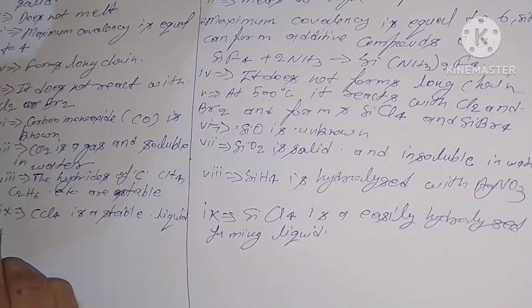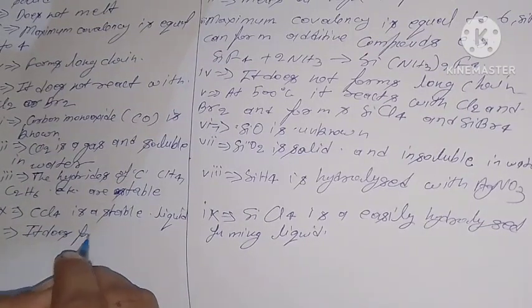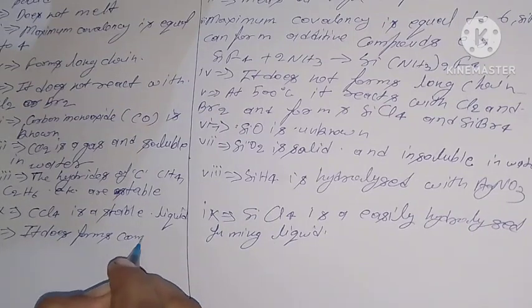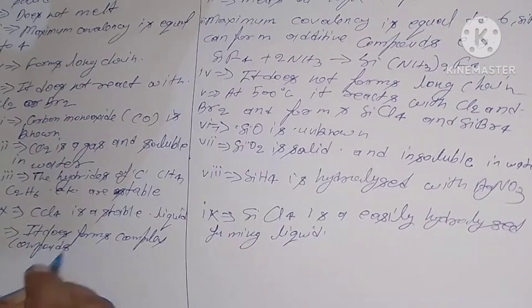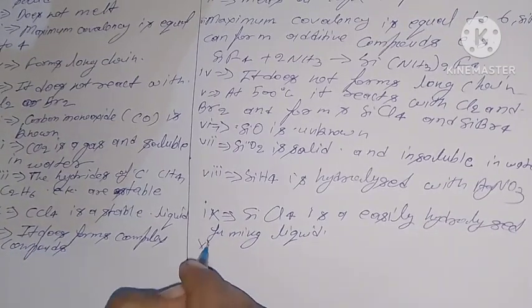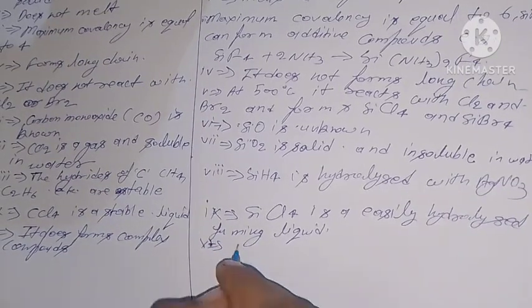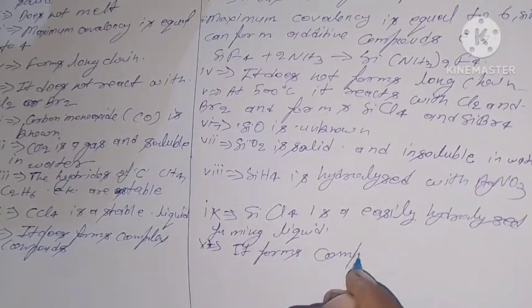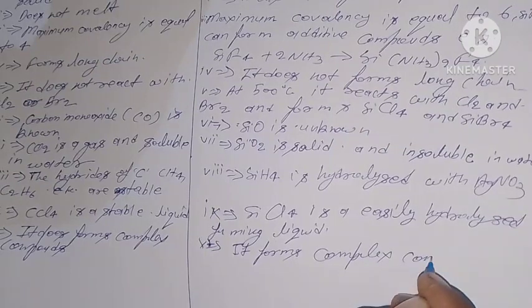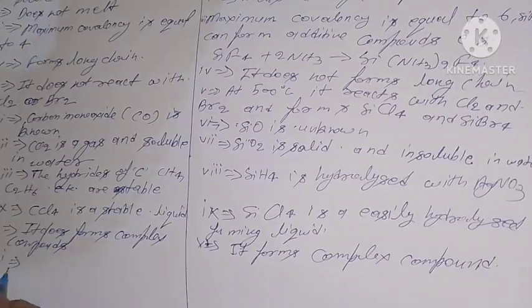Tenth point. Carbon does not form complex compounds, while silicon forms complex compounds. Eleventh point.